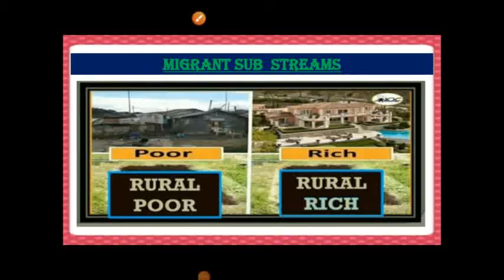Poorer sections of the population migrate as a survival strategy in response to distressing conditions in rural areas. Migrants from better off sections migrate to improve their living standards.